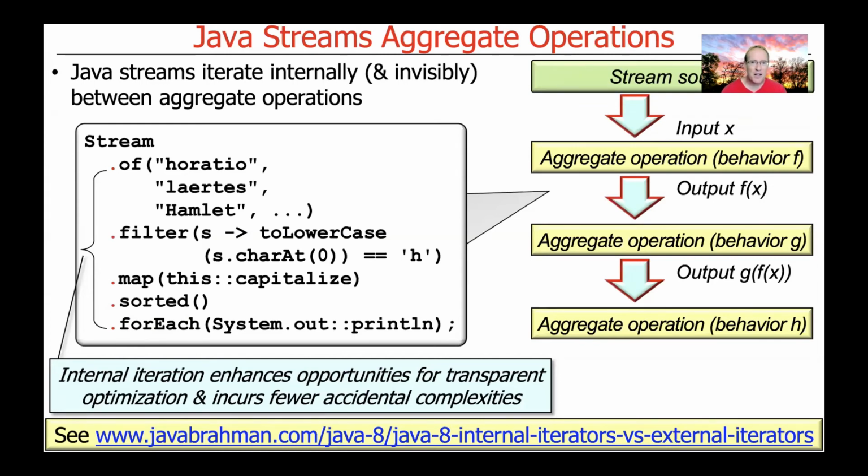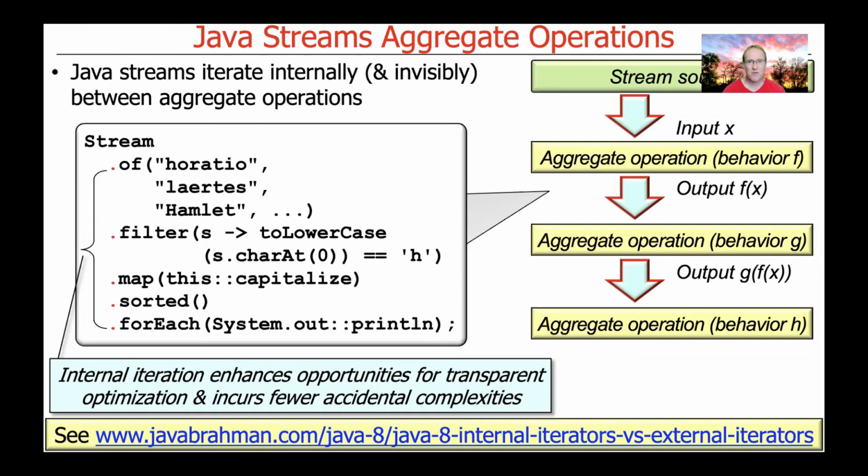So what's happening is what's called internal iteration, and we'll talk more about internal iteration later and compare and contrast it with external iteration. The reason why they use internal iteration is because, number one, it is easier to write syntactically, and number two, it allows transparent optimizations. You can do all kinds of cool optimizations, including parallelizing things efficiently and transparently.